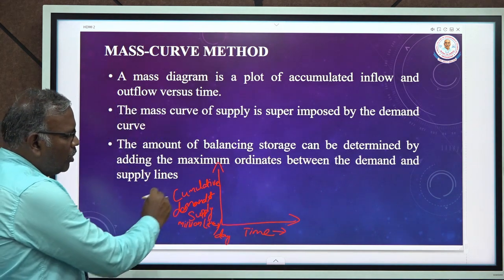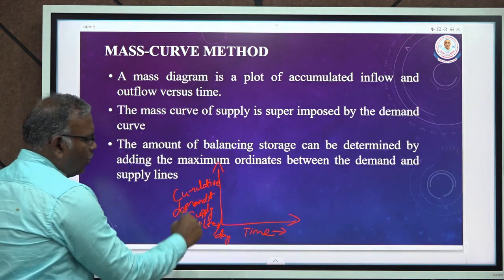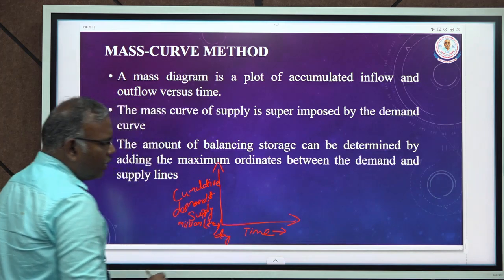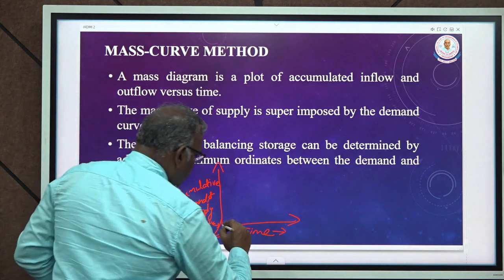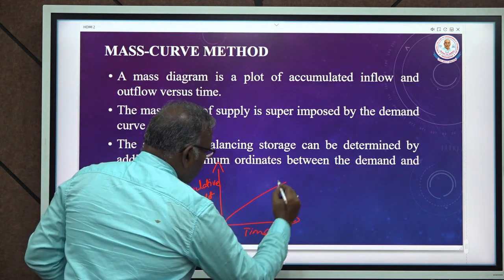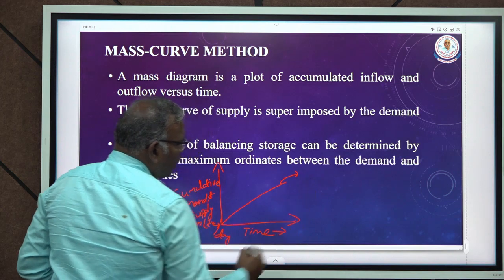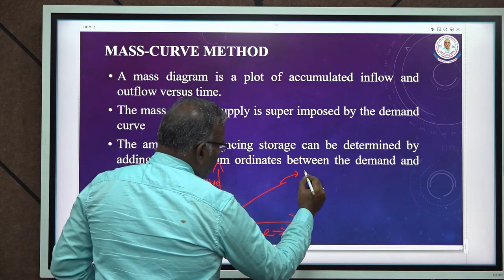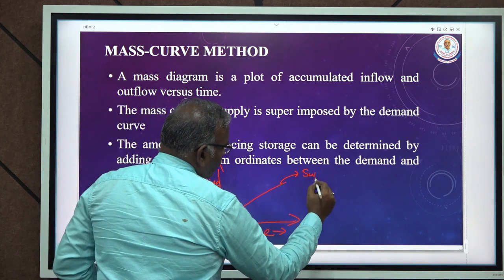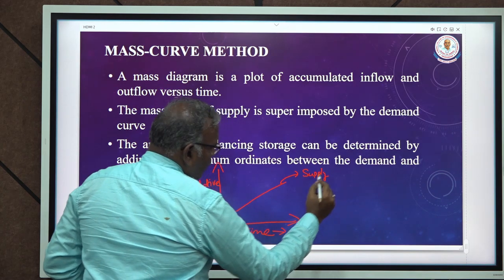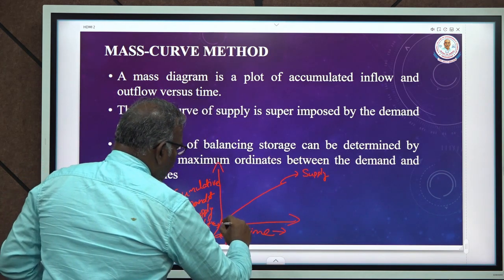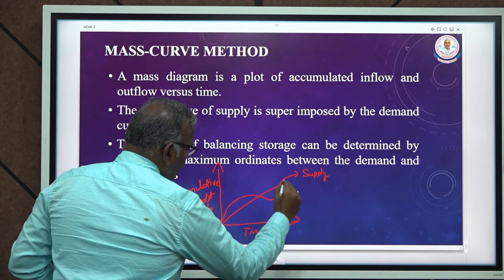We will be getting this curve. It is the cumulative supply, that is, the supply is constant, and the demand will be varying.